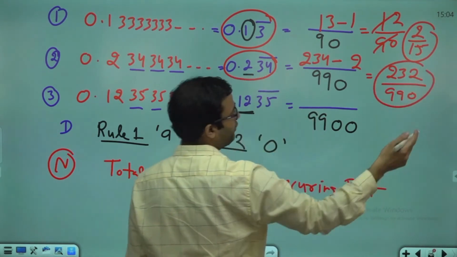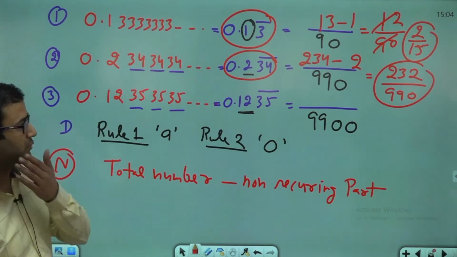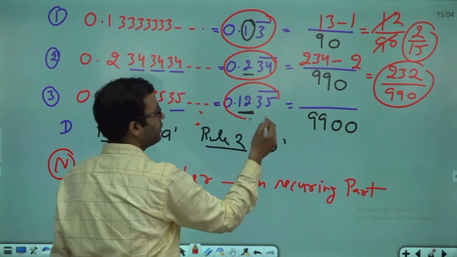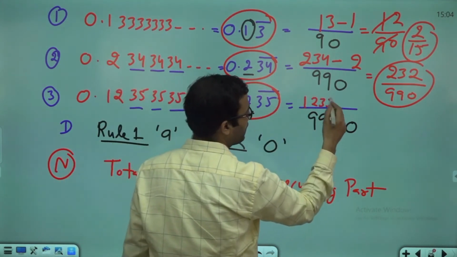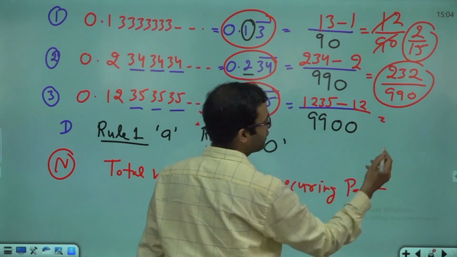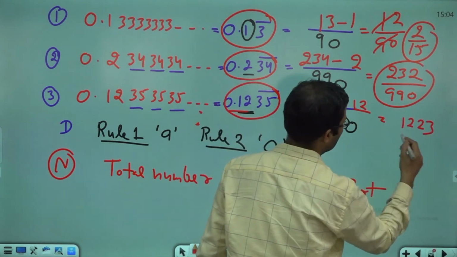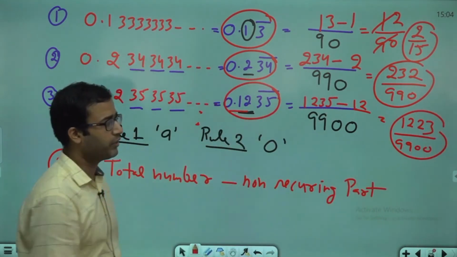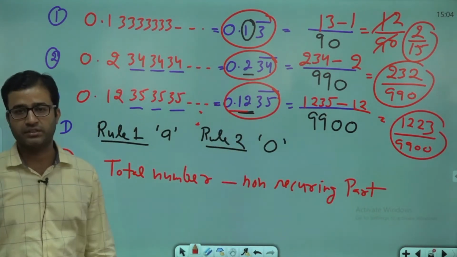You simplify. Third example: what is the total number? 1235. What is non-recurring? 12, so 1235 minus 12, which is 1223 upon 9900. If you can simplify, okay. Otherwise, this is the answer.